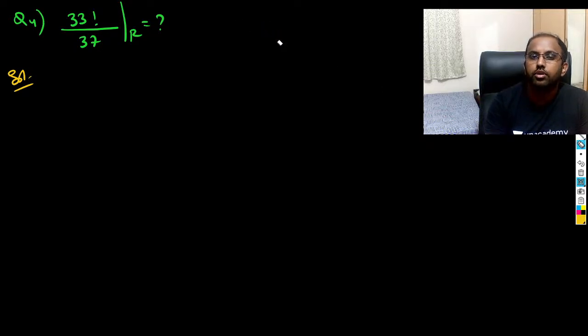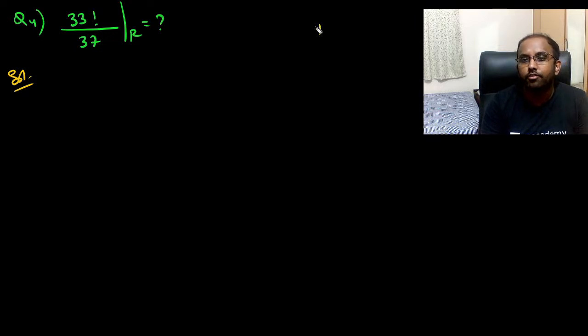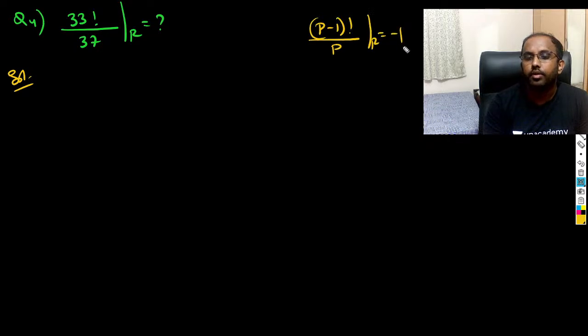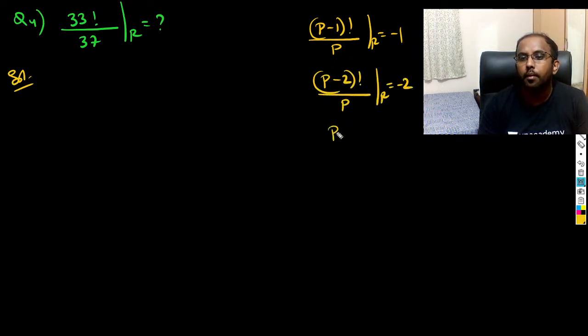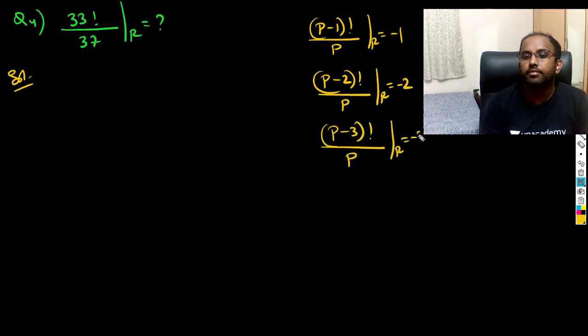You can revise also. So P minus 1 factorial upon P, remainder is minus 1. Correct? Then P minus 2 factorial upon P, remainder is minus 2. Then P minus 3 factorial upon P, remainder is minus 3.